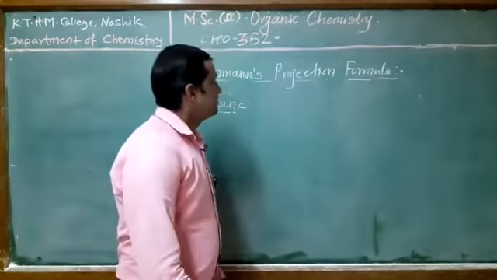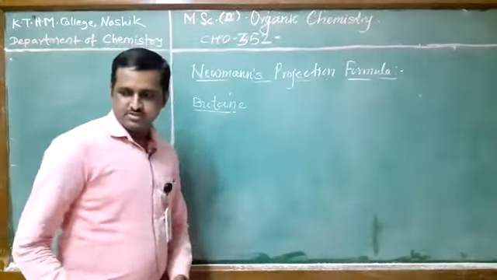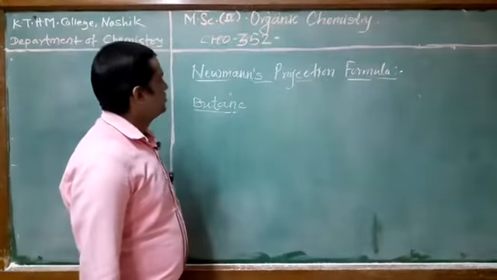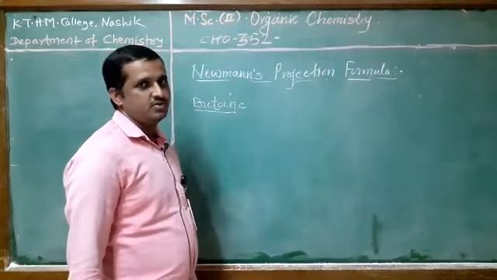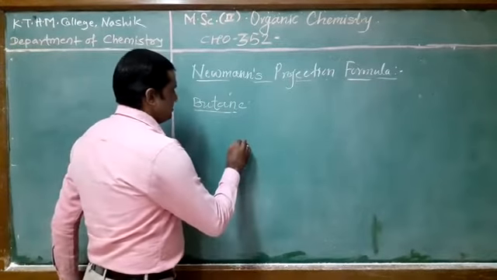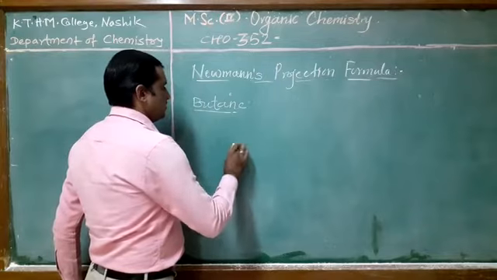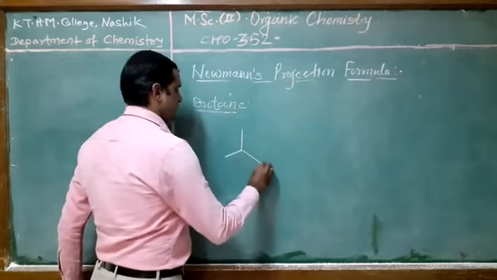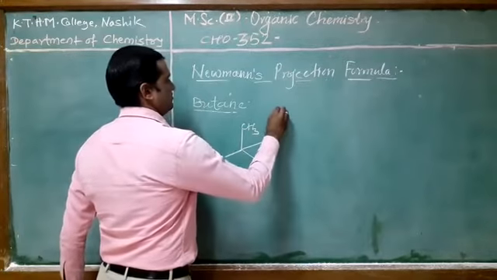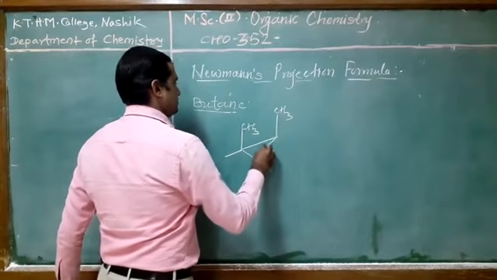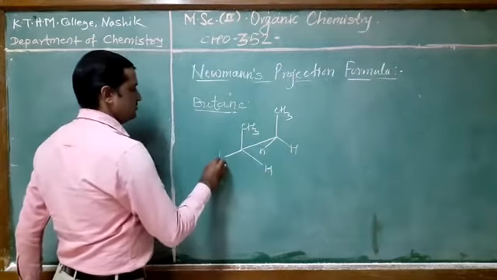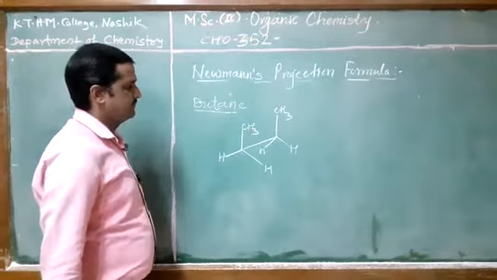Hi friends, in continuation of our previous discussion of different projection formulas, we now look at Newman's projection formula of butane, one of the important molecules. In Sawhorse projection, butane will be like this.